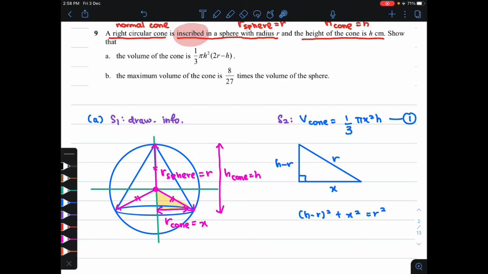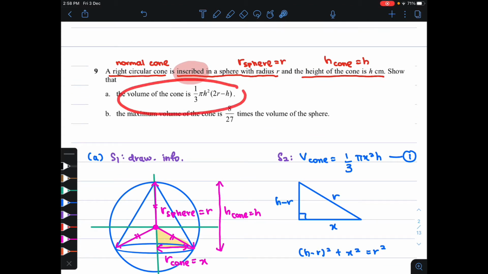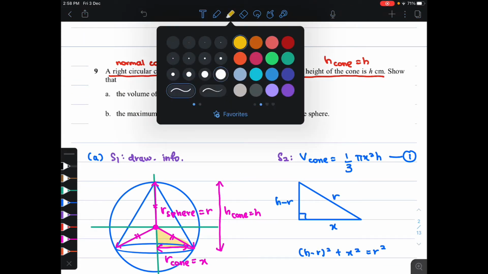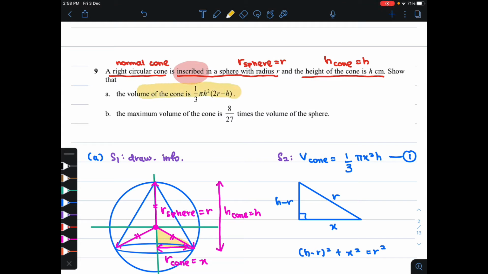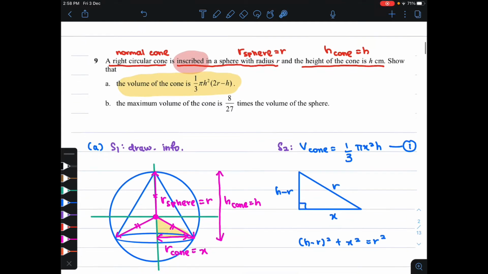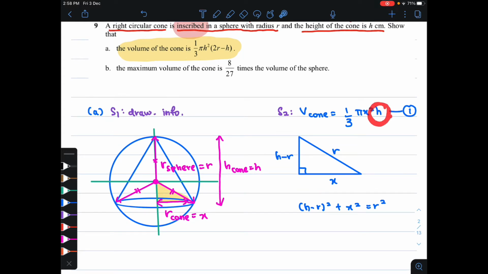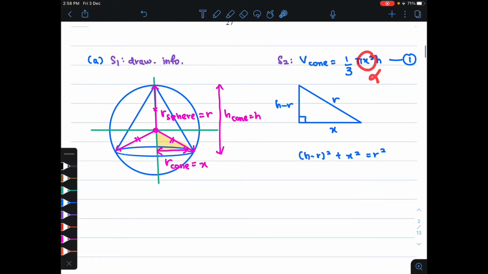So, sekarang ni kita apply Pythagoras theorem. Alright, so let's look at our final answer. We want volume of cone in terms of H only. Okay, kita mahu in terms of H sahaja. Kita tak mahu X square. So, kita kena jadikan X square ni sebagai main subject. So, you'll get R square minus (H minus R) square.